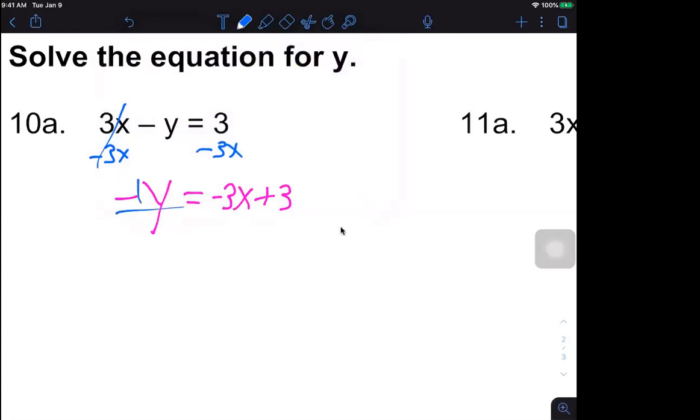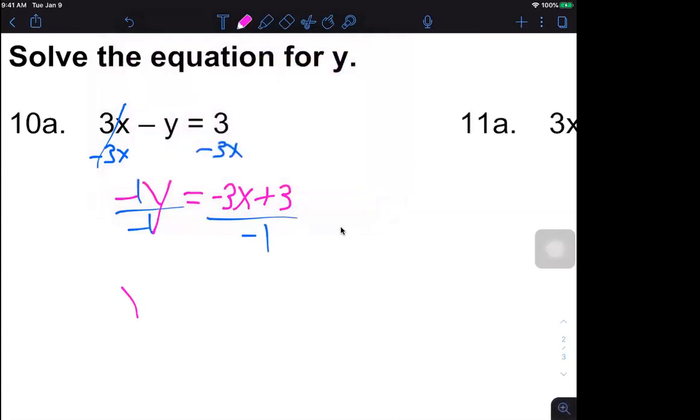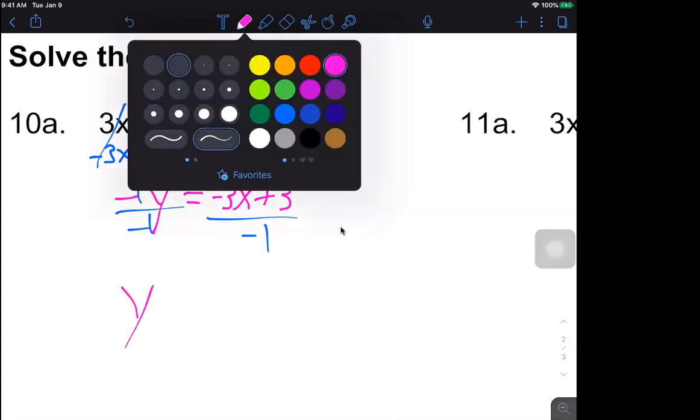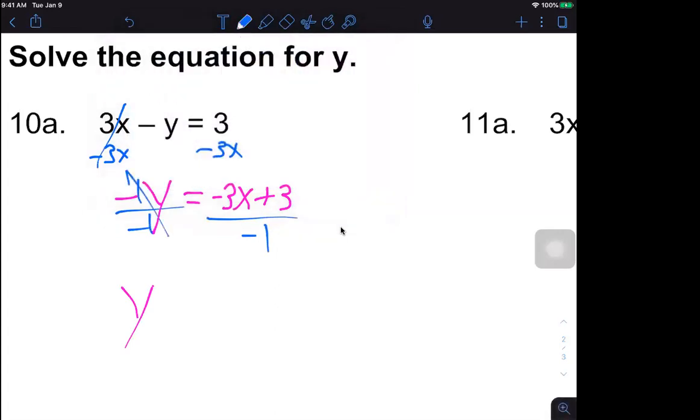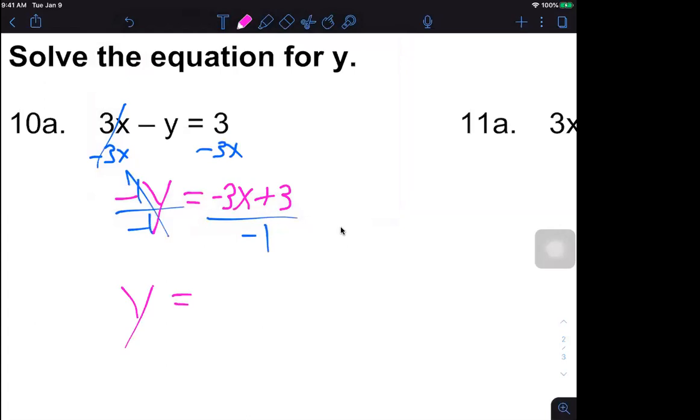So what we're going to do is divide by negative 1. We'll end up with, these will cross out, that'll be a positive y equals, okay, a negative negative gives us a positive 3x.